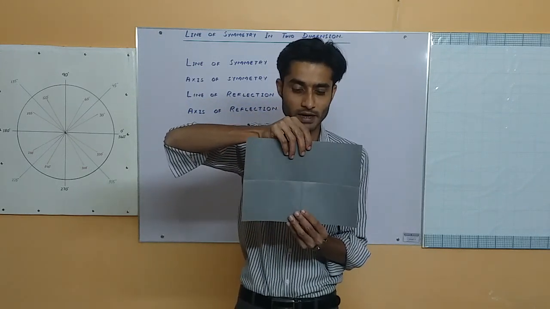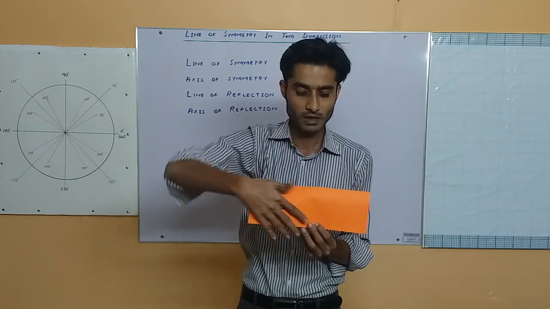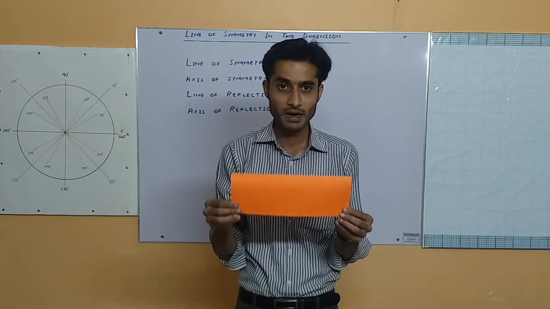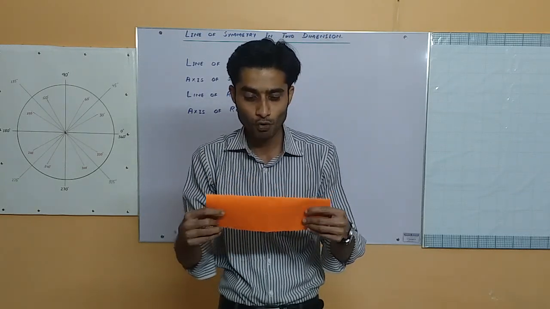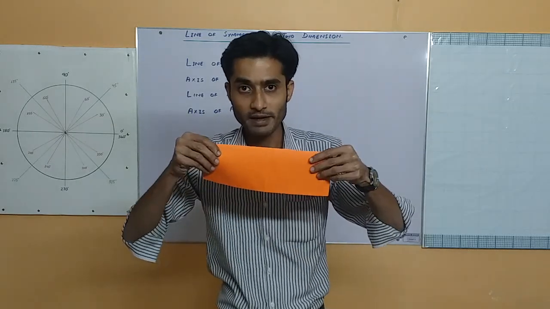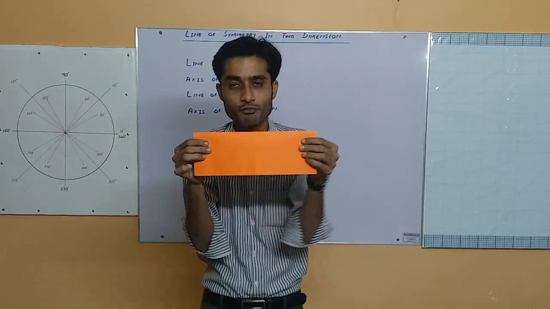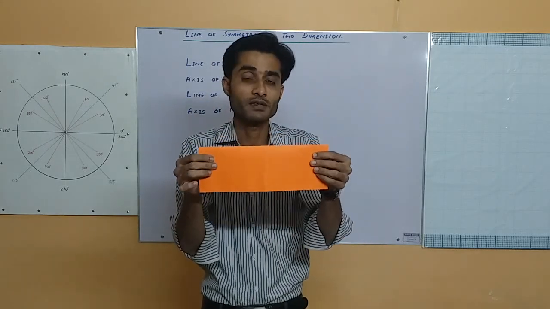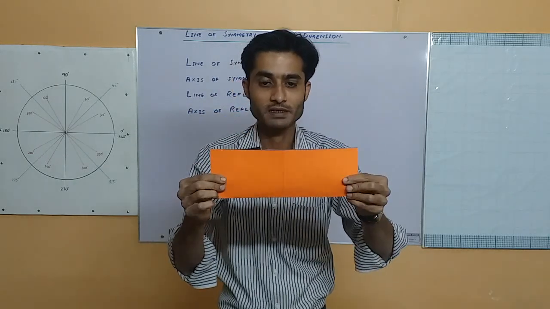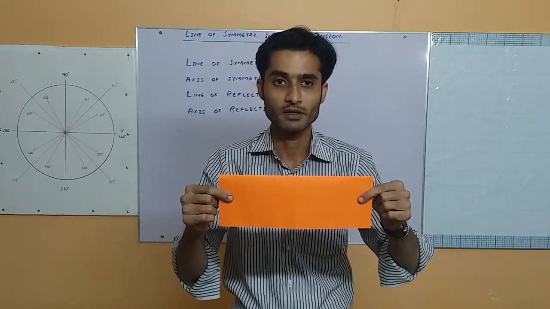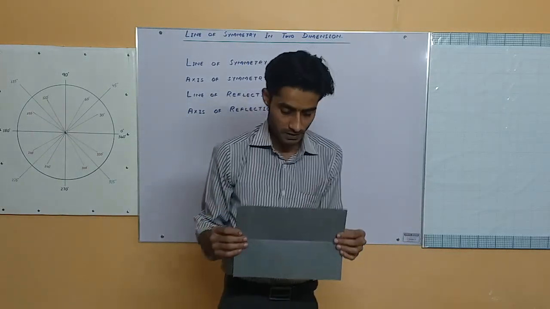So now see, when I fold it like this, you can see that the upper part has completely covered the lower part. No lower part or no gray color is visible. That is only possible when first side covers the other side completely. You can see that the first half has completely covered the other part. No gray color was visible.